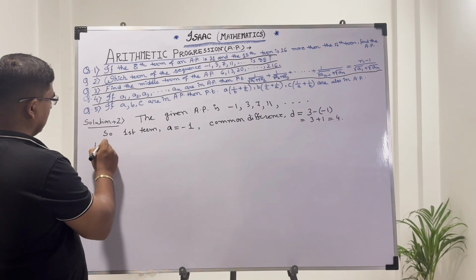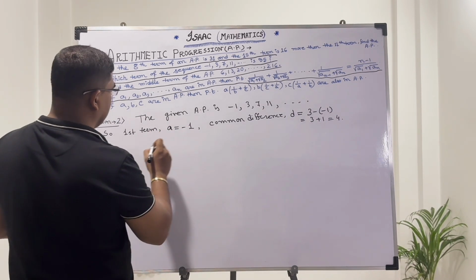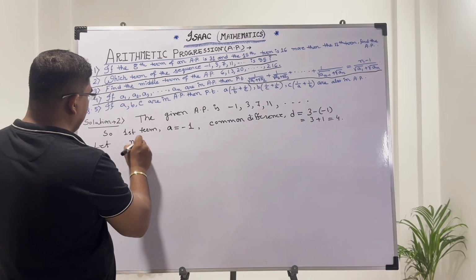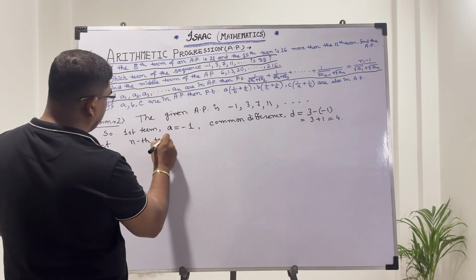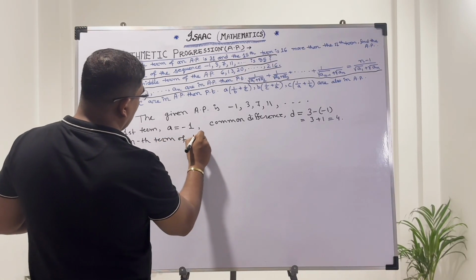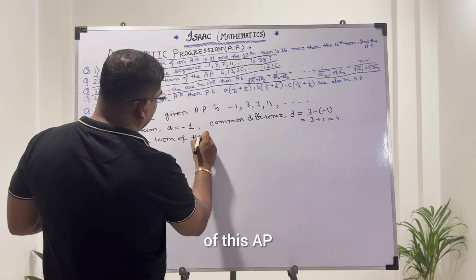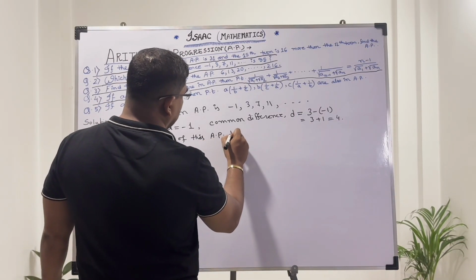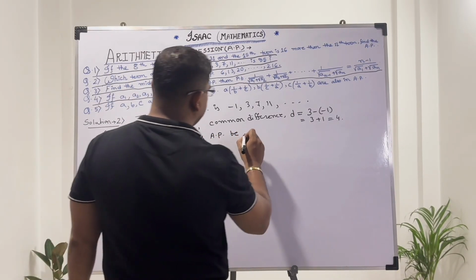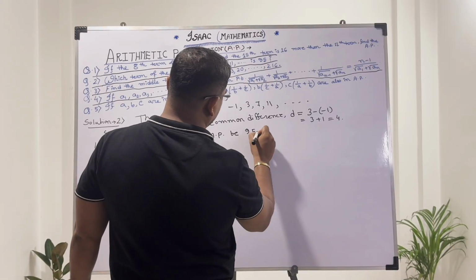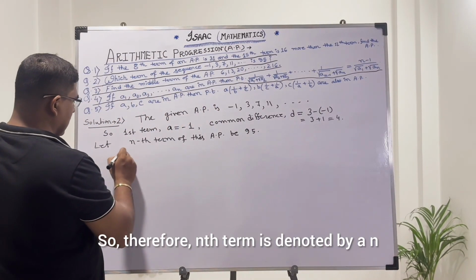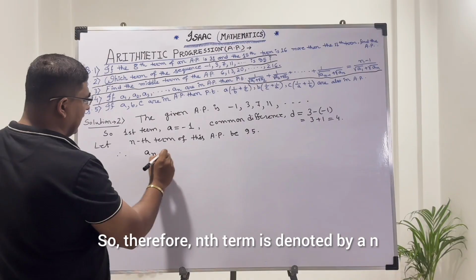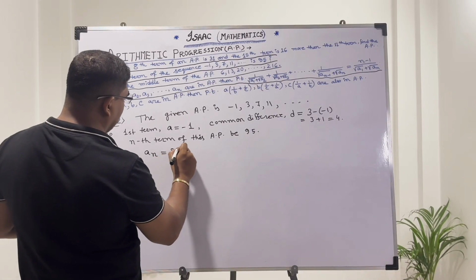Let the nth term of this AP be 95. Therefore, the nth term is denoted by an equals 95.